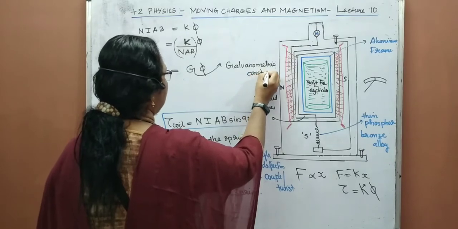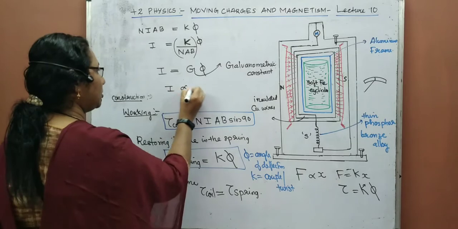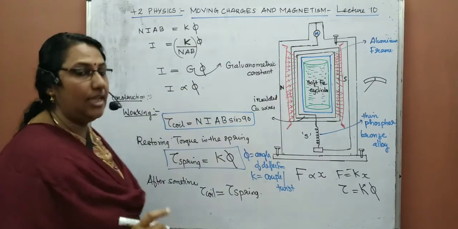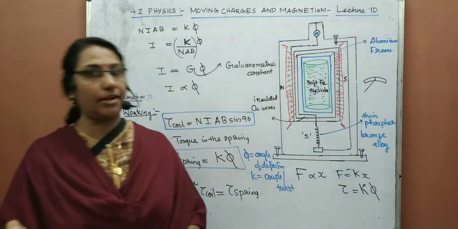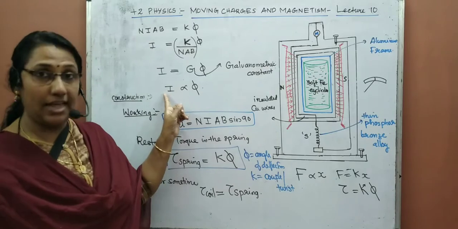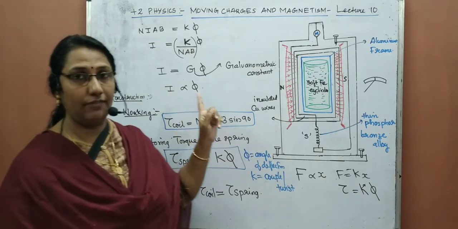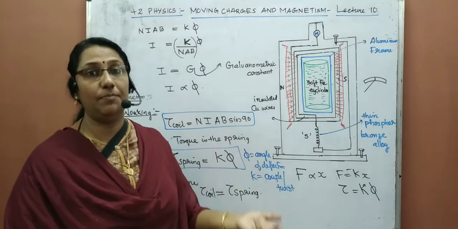Galvanometric constant. Clear? And now I is proportional to phi. That is, if there is current in the circuit, that current begins to flow through the coil. If there is current in the coil, a small deflection occurs. If the current is larger, deflection will be larger.